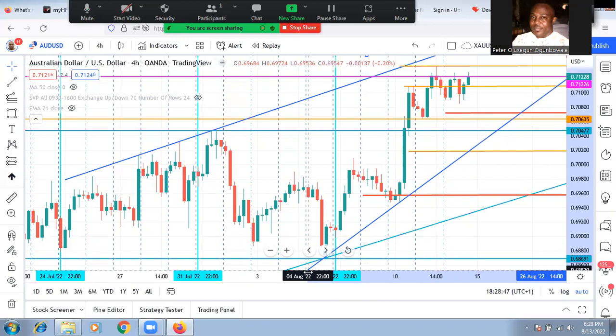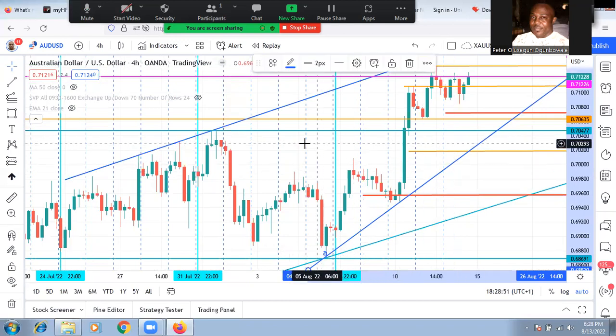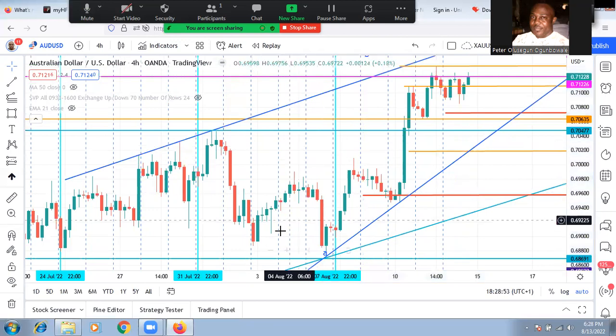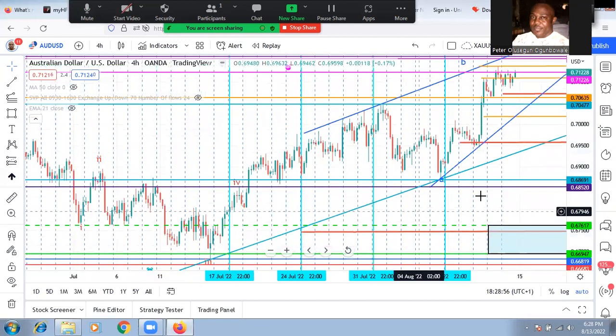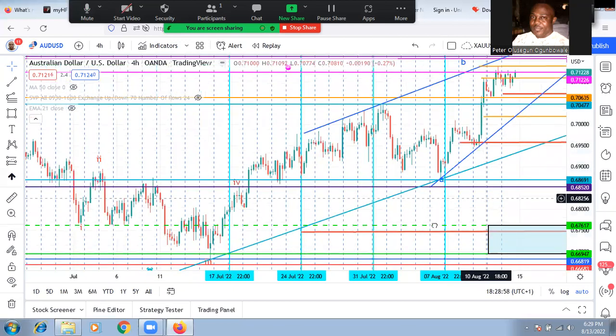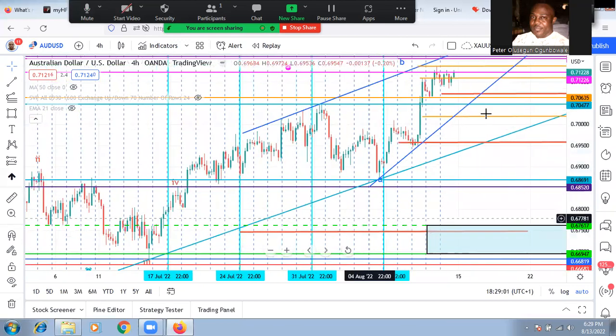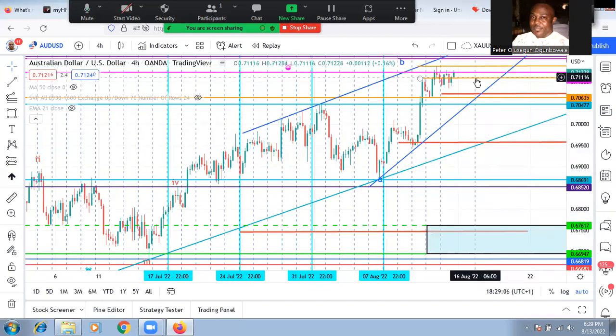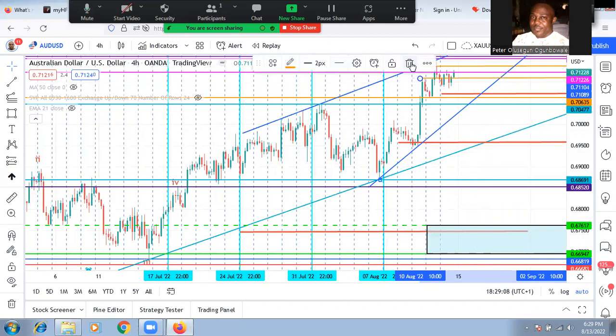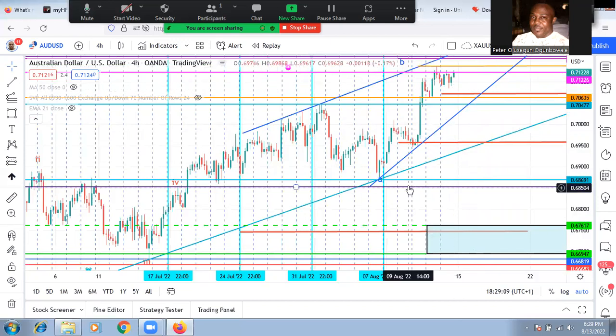Once we break this to the downside, then that has confirmed to us that we are coming really hard down. So now we need to begin to see all this possibility, this correction. The 1-hour correction in that middle, we'll work with it again.